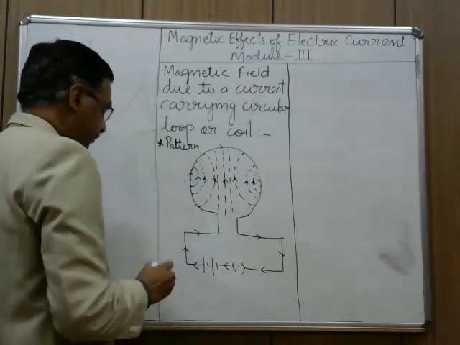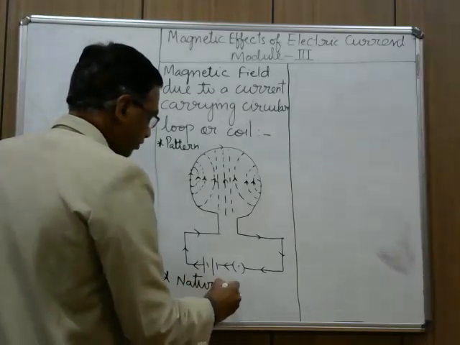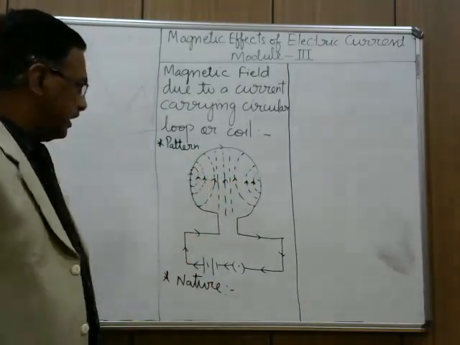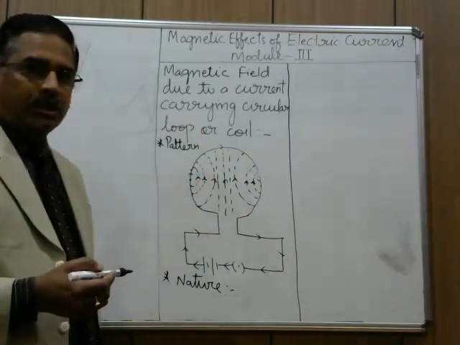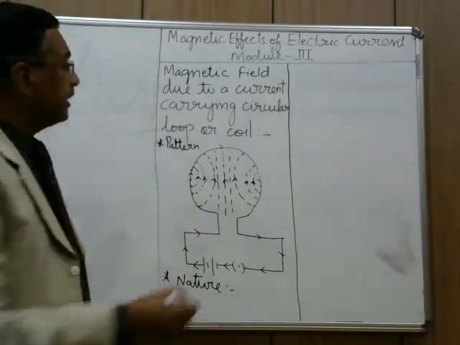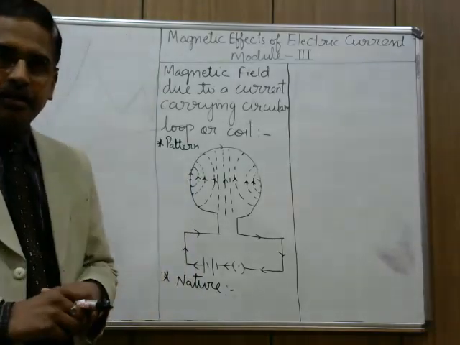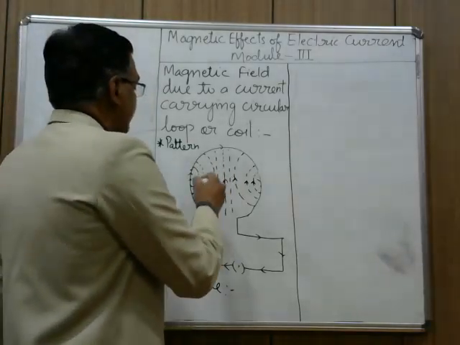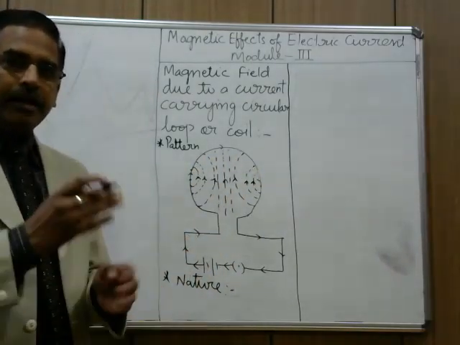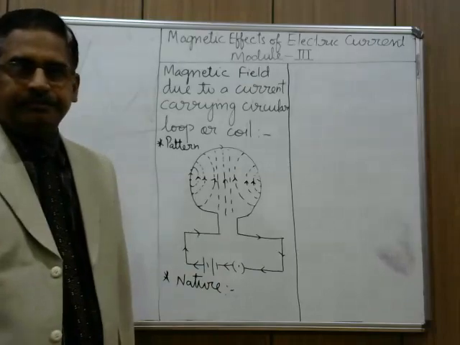Now the next thing which we need to discuss is what is the nature of the magnetic lines of force so produced. Nature, you can see near the circular coil, they are circular in nature, but at the center these magnetic lines of force are parallel, because at the center the lines of force are far away from the circular loop and they are in the same direction, so they add up to increase the magnetic field and they are straight parallel lines.